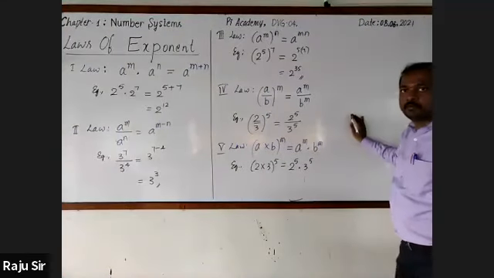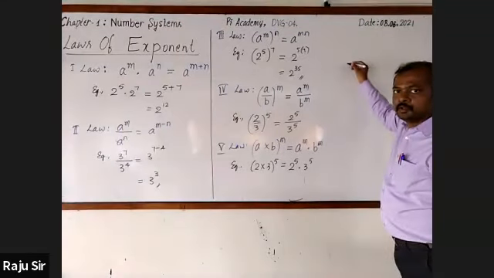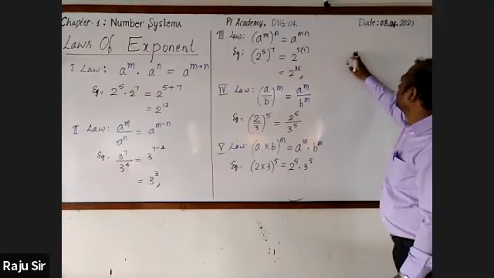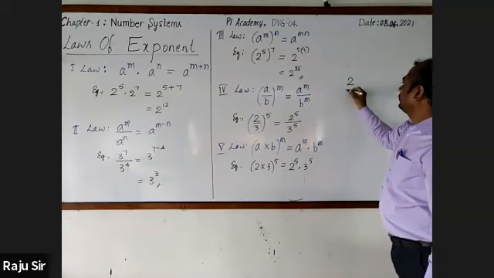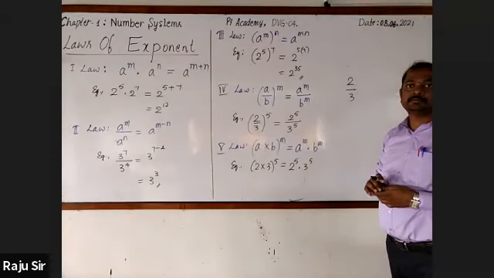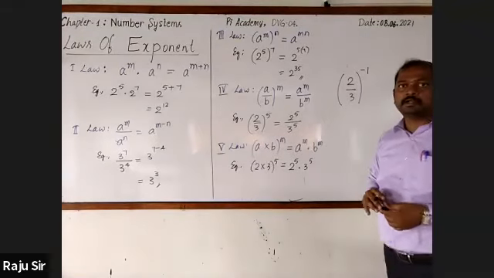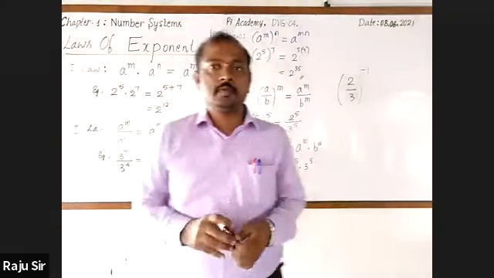Next one. Observe here. 2 by 3 whole raised to the power minus 1. We should take 3 by 2, you interchange the numbers. Reciprocal, sir.